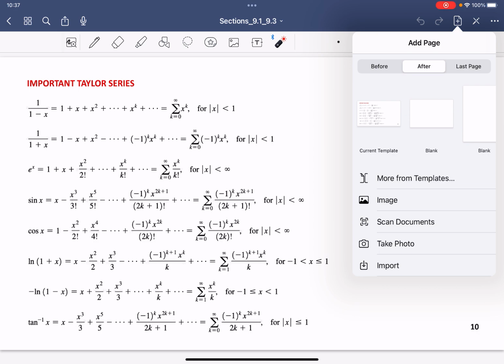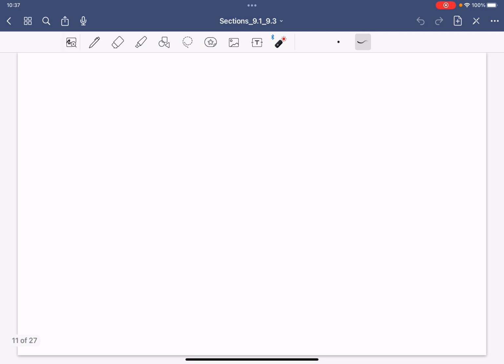So I'll add more pages here and do Taylor series. Example. Let's say you want to integrate arctan x dx, x from 0 to 1.